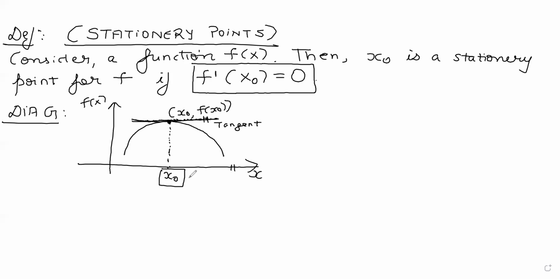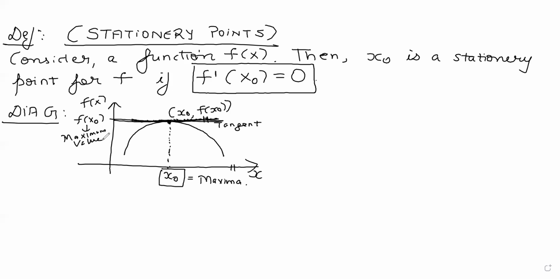Clearly, you can see that x0 is the point of maxima and f of x0 is the maximum value. If I draw f of x0, this is the maximum value.